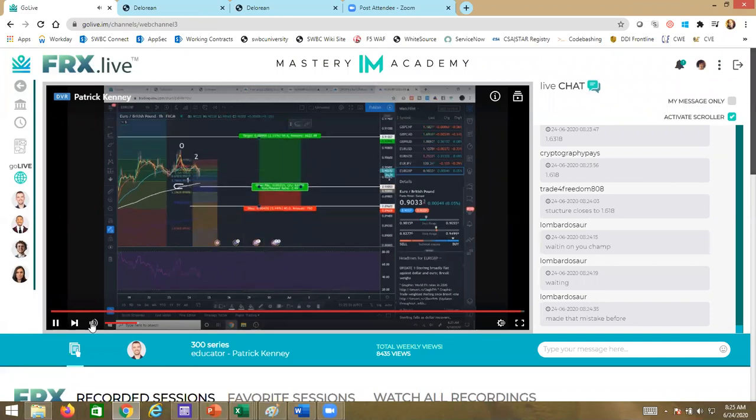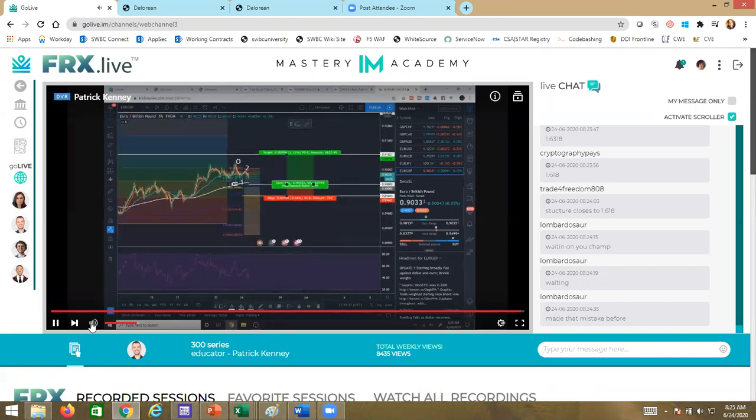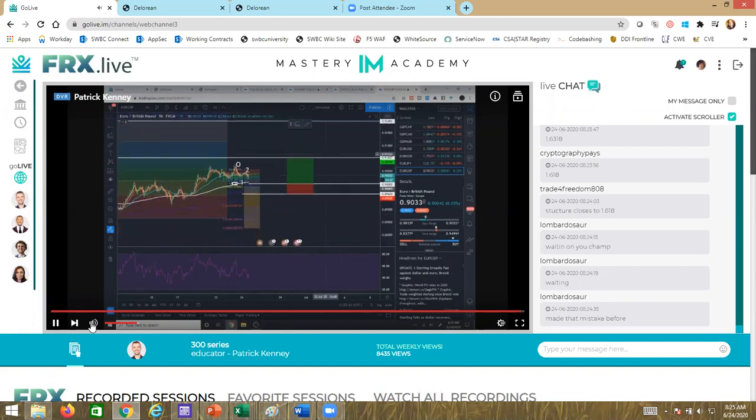Okay, and then here's the unique thing with these positions. Our target 1 is already reading a 2.5 risk reward ratio. Target 2 is a 1 to 6 risk reward ratio. It's not really a swing trade.